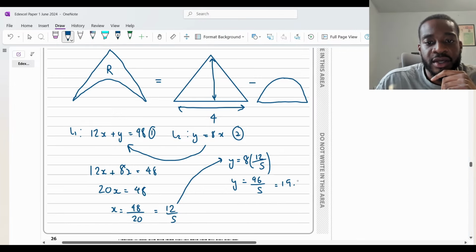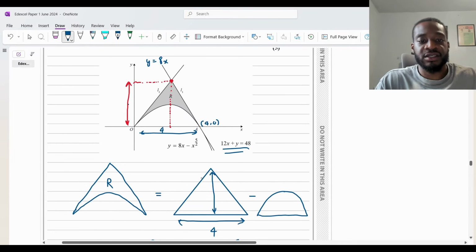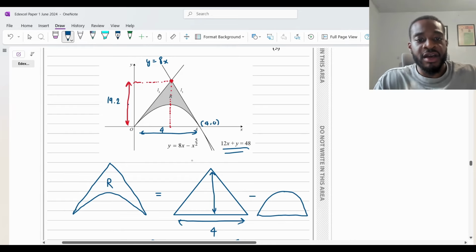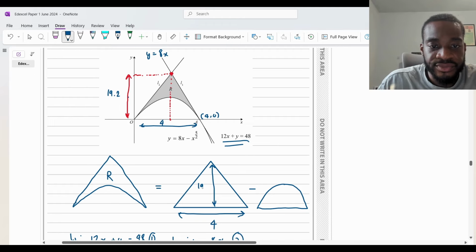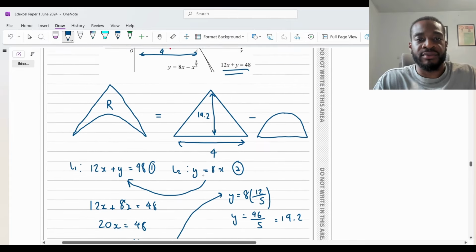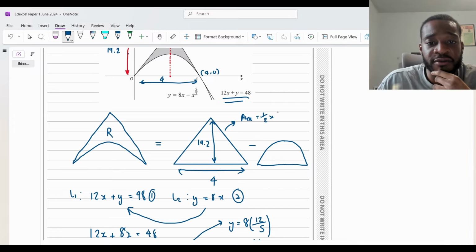Okay, so we now know the dimensions of this triangle. Remember, this is 19.2 or 96 over 5. So I can put that there. So therefore the area, so I'll do it here. The area of this, remember this is a triangle, it's just half times base times height, isn't it? Half times the 4 times the height, 19.2.